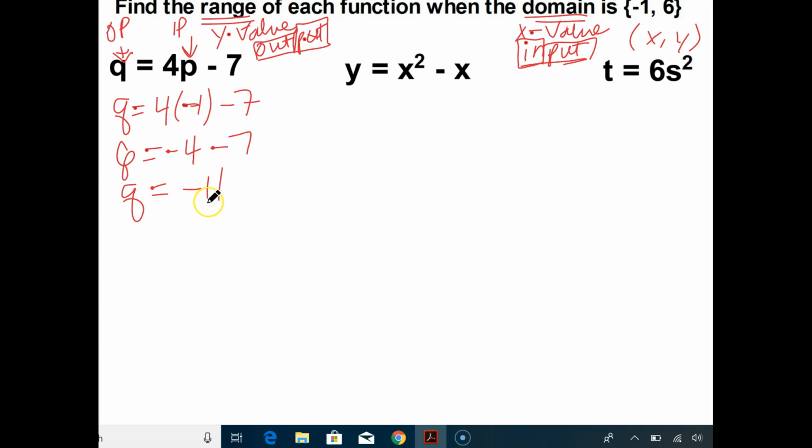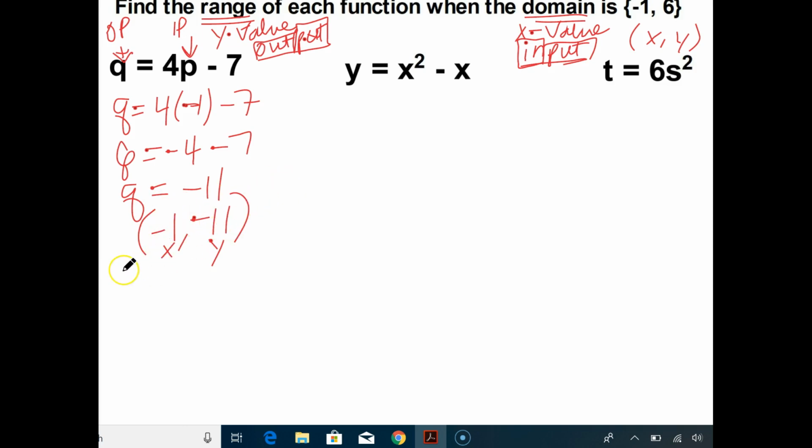This is our first output, -11. So if we were to write an ordered pair, input output, domain range, x, y, our ordered pair would be (-1, -11). Input output, x, y. Domain range, input output. Put in -1, put out -11.